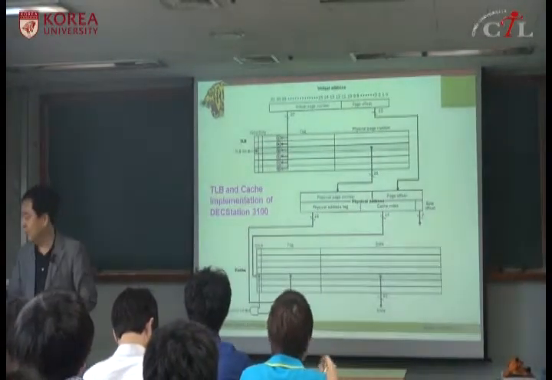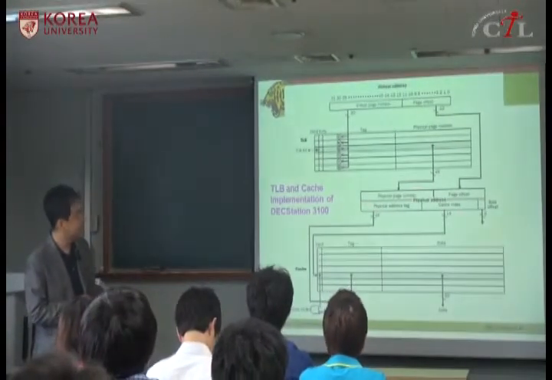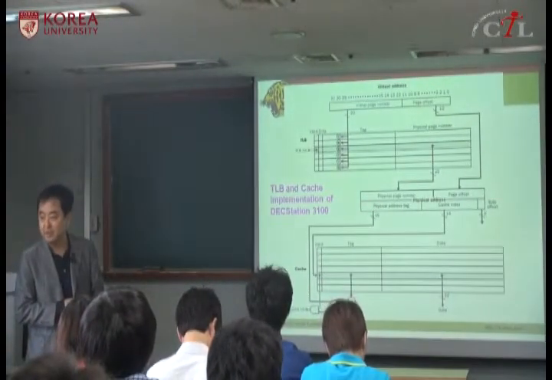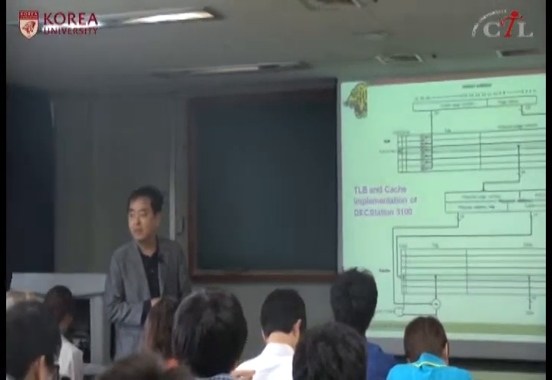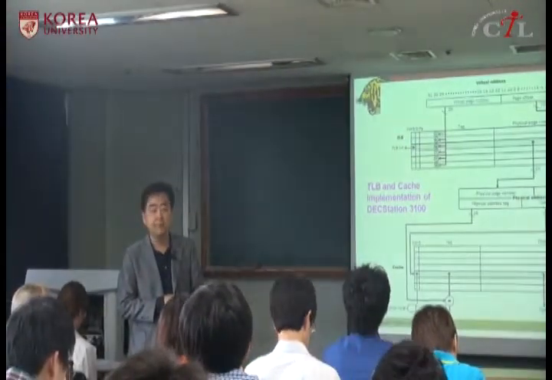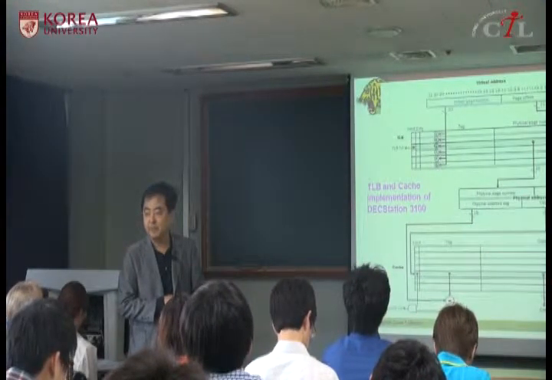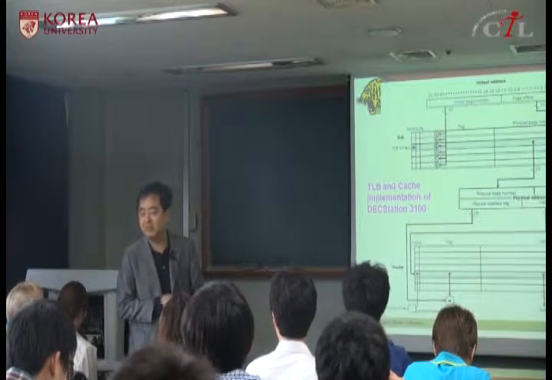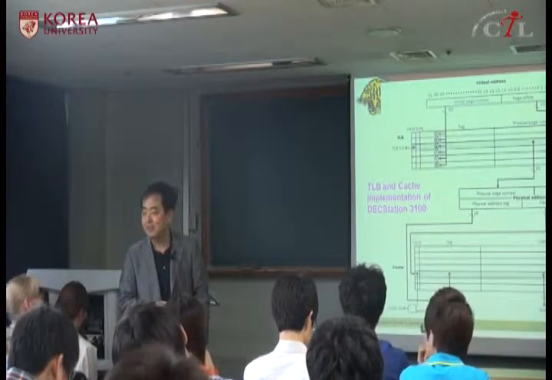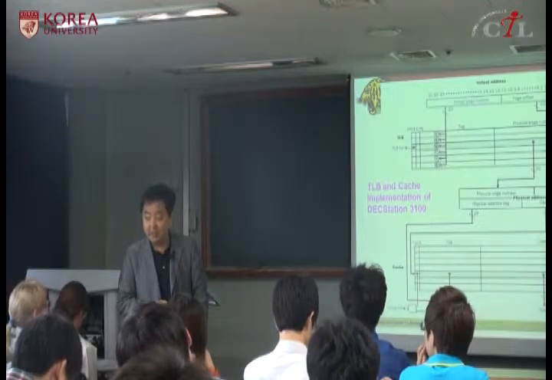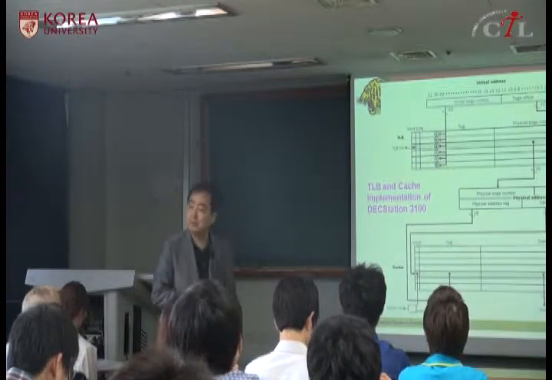The physical address is also 32 bits. What does this mean? There are 2 to the power 32 different addresses. A physical address means physical memory, DRAM.